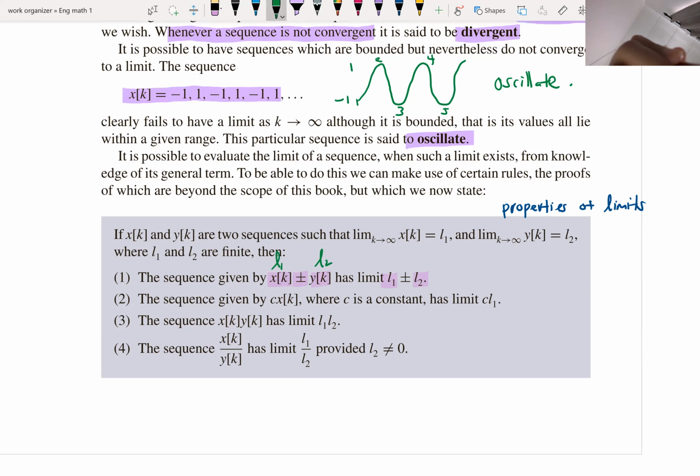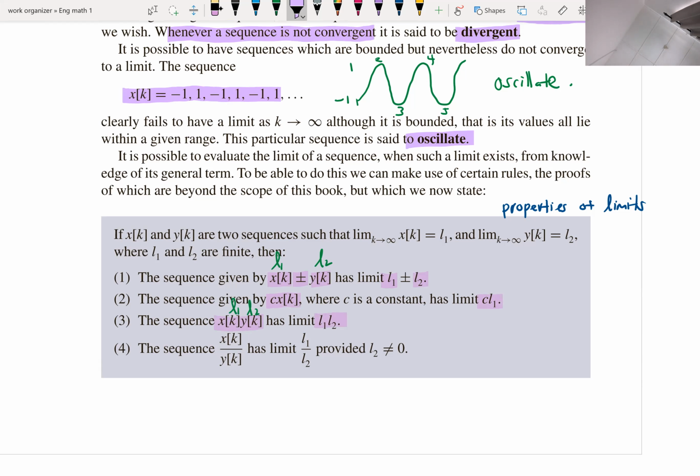For the second case, when we multiply a constant c with the function, the limit is also multiplied by c. And when we multiply the sequences, the limit becomes L1 times L2. We just multiply the limits.